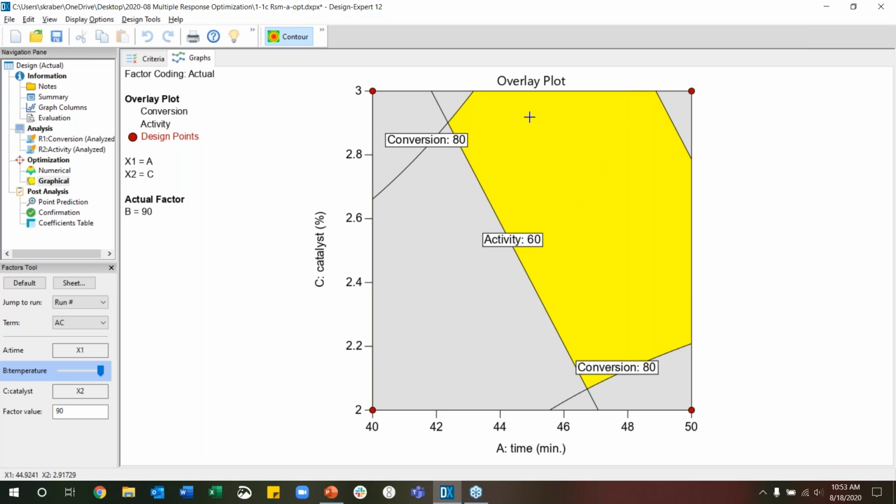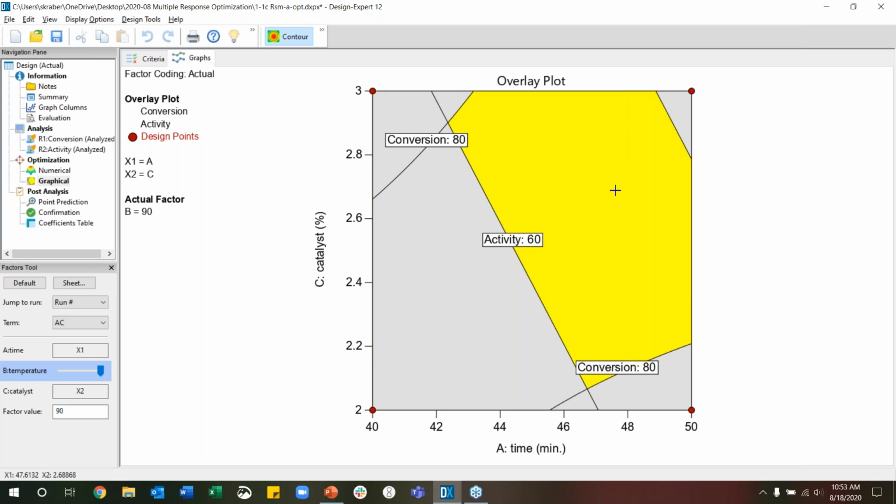Okay, now if you think about it, this design space is good, but operating near these boundaries is probably going to end up giving you some unacceptable solutions just due to the random process variation in your system.